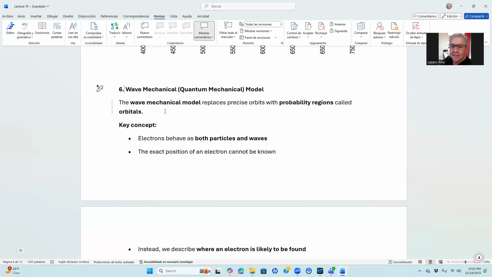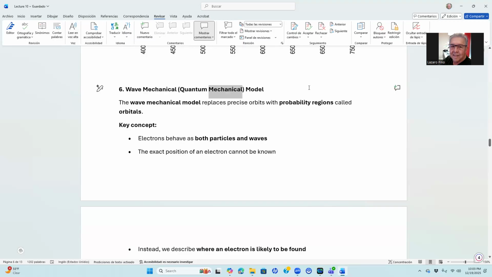Then there is no interaction between electrons, and this theory cannot explain the transitions in atoms that have more than one electron. That's why we use the wave mechanical or quantum mechanical model.